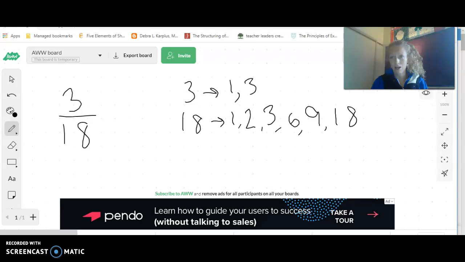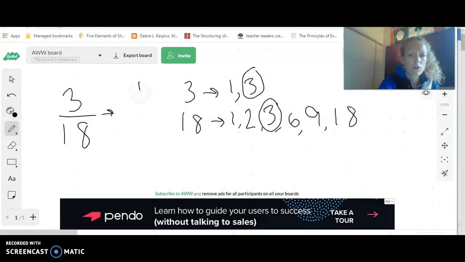What factors do they have in common? Well, they have 1 in common, that's true. But then they have something bigger. They have this 3. Perfect. So my next step is I'm going to divide 3 by 3. Well, 3 divided by 3 equals 1.